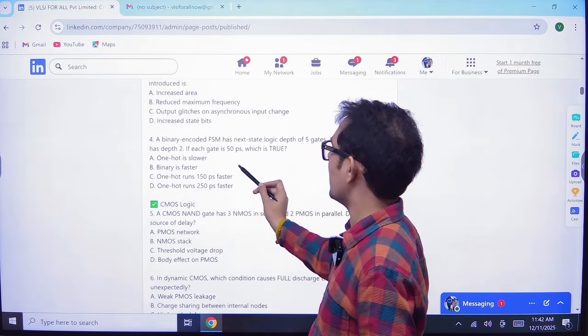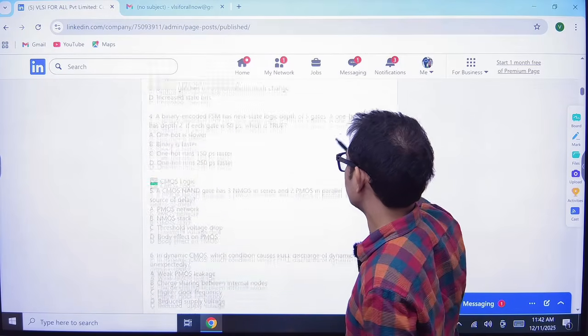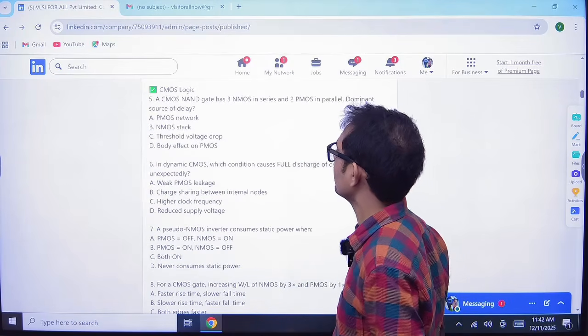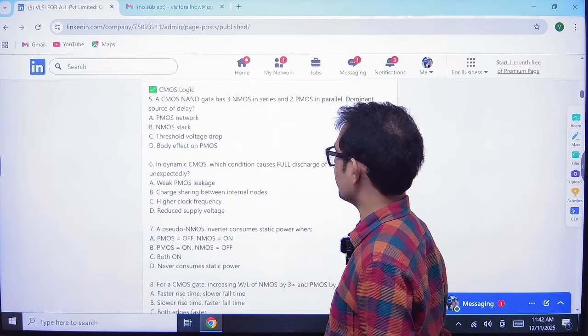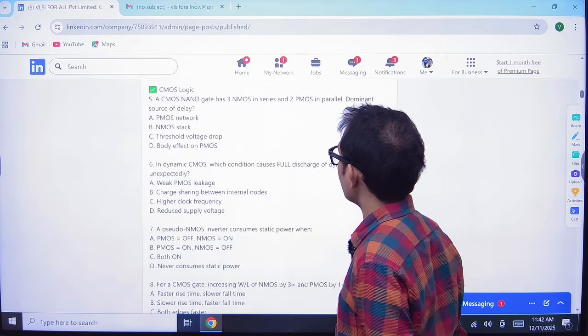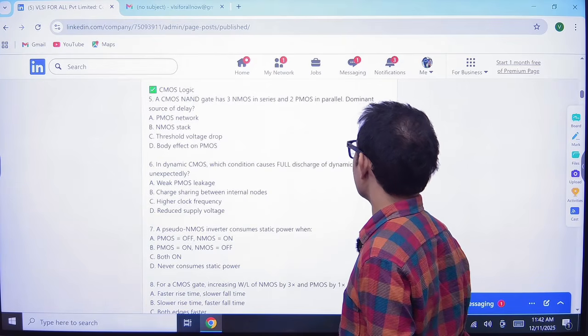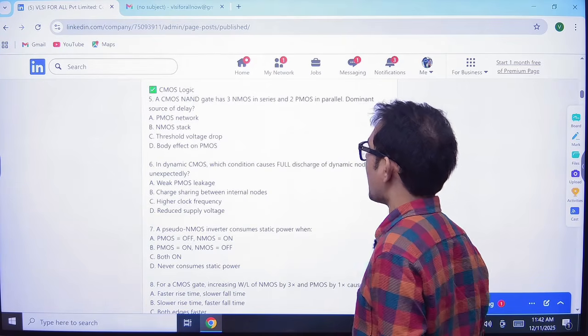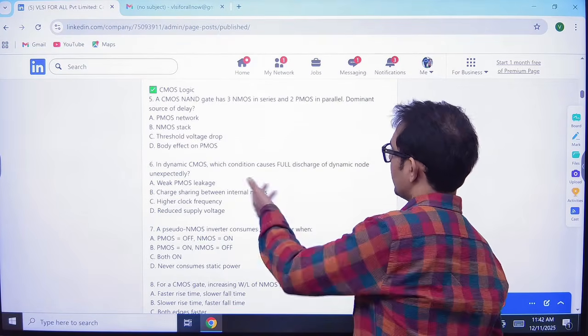One hot runs 150 ps faster because delays are less, right? Depth is less. It was simple only, right? A CMOS NAND gate has 3 NMOS in series and 2 PMOS in parallel. Which is the maximum source of the delay, right?